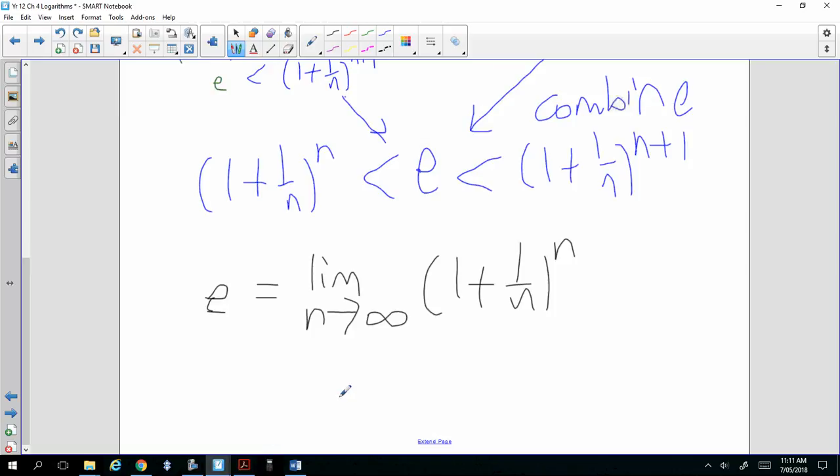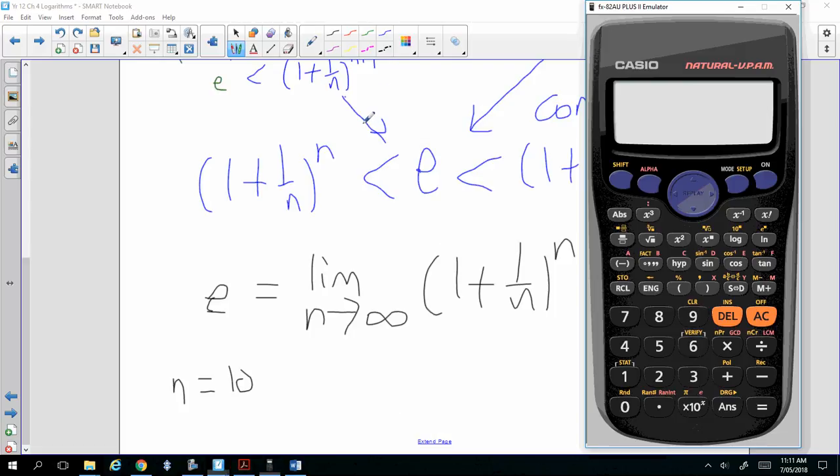Let's do bracket 1 plus 1 over 10, close bracket, to the power of 10. You get 2.59. If you increase by one extra zero, you get 2.7. Remember what e is. e is this number, 2.718.